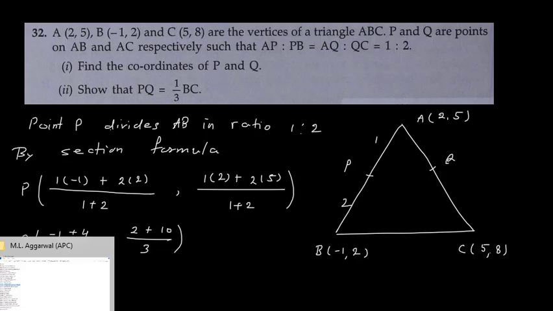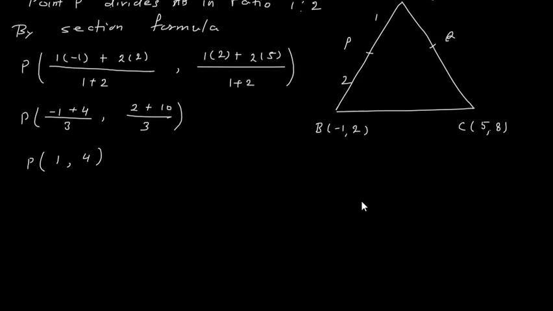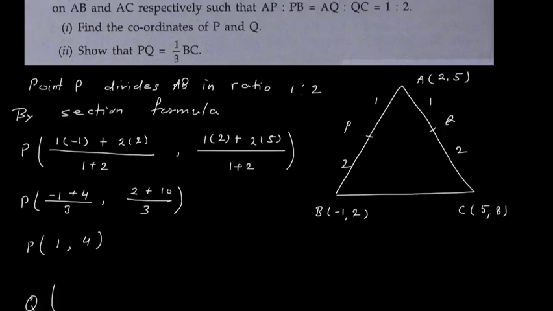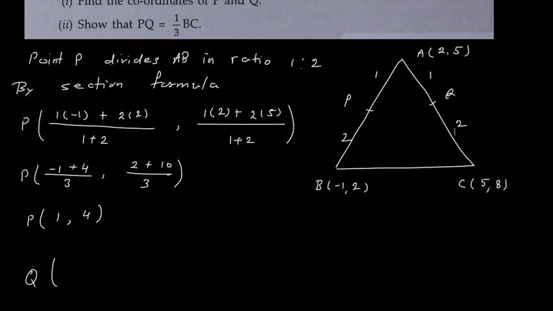Now we got P. Similarly for Q, Q also divides AC in ratio 1:2. So Q is 1 into 5 plus 2 into 2, the whole divided by 1 plus 2, comma, 1 into 8 plus 2 into 5, the whole divided by 1 plus 2.